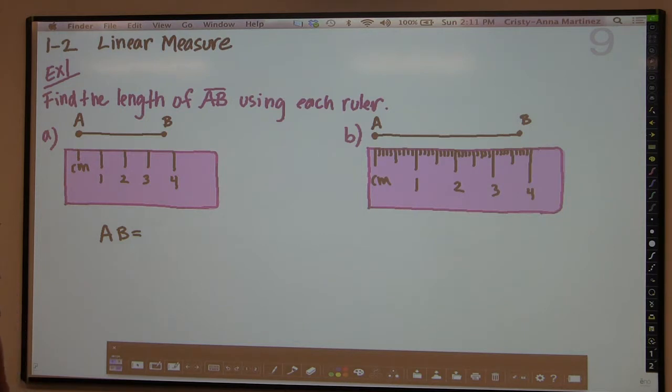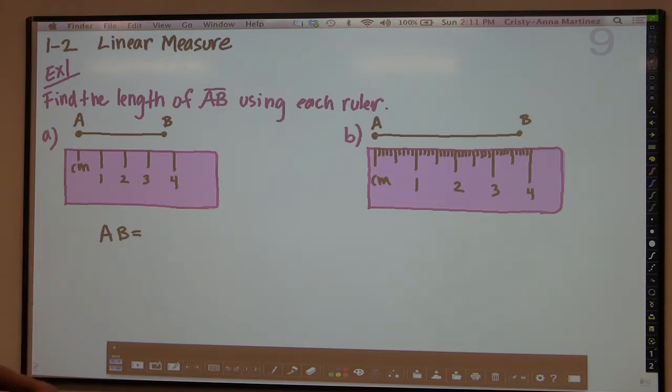The second part is that when you are measuring with the ruler, all measurements are approximations dependent upon the smallest unit of measure available on the measuring instrument.